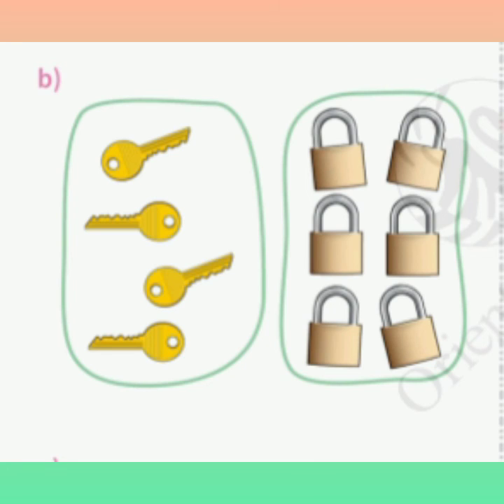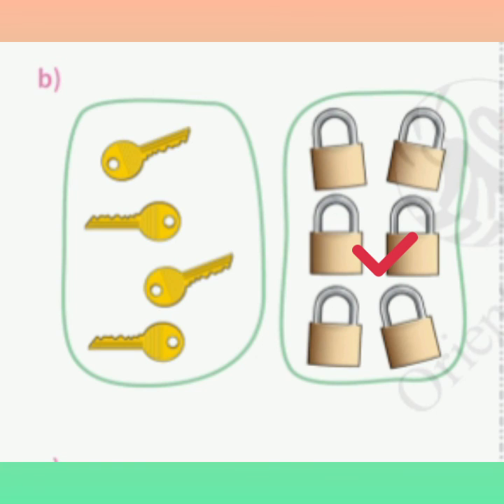There are 6 locks and 4 keys. Now I am going to put a tick mark on the set which has more. Can you all guess which are the more here? Yes, you are right. The locks are more. There are 6 locks, so I am going to put a tick mark on the 6 locks.